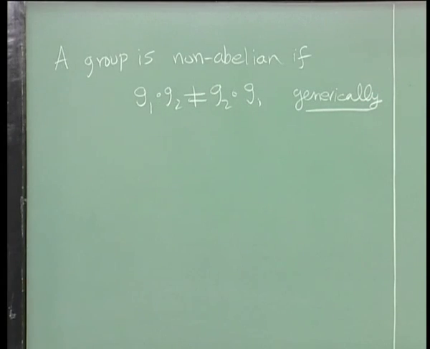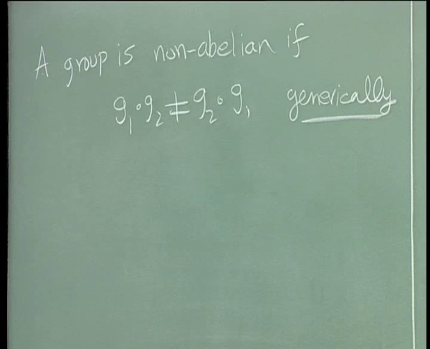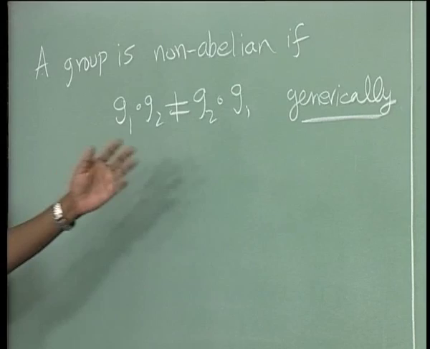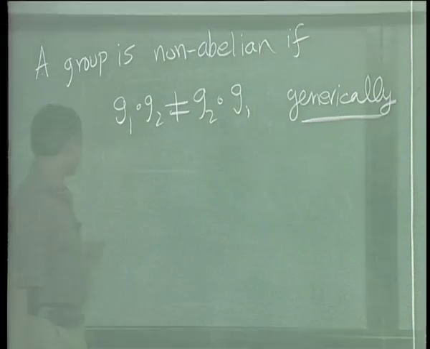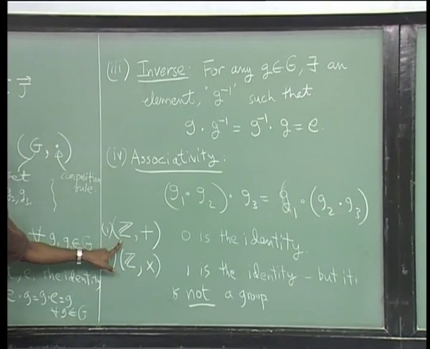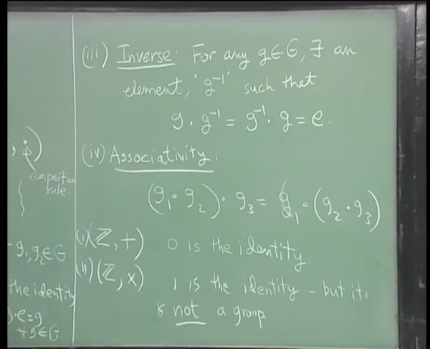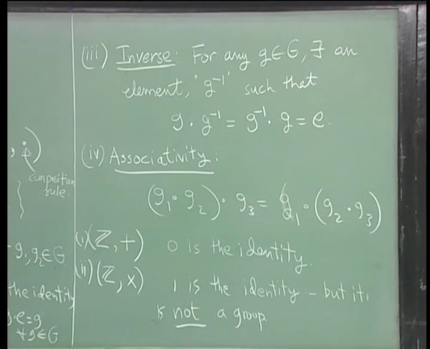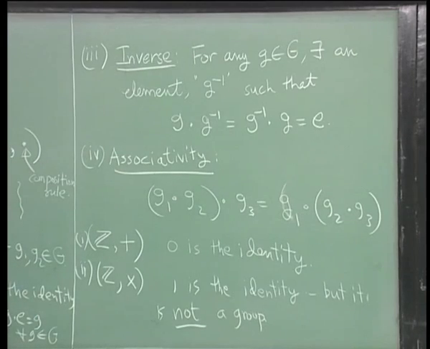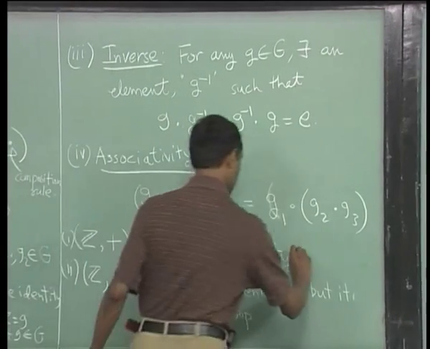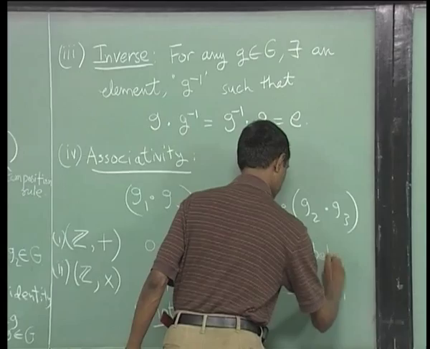Okay. There could be a pair of elements which commute with each other, okay, but what it means is that there exist such elements which do not commute, the order matters. G1 dot G2 is not equal to this. Coming to this group, the order does not matter, 3 plus 2 equal to 2 plus 3. Okay, such groups are called abelian groups. Okay, non-abelian means not abelian. Okay, so this group is abelian.